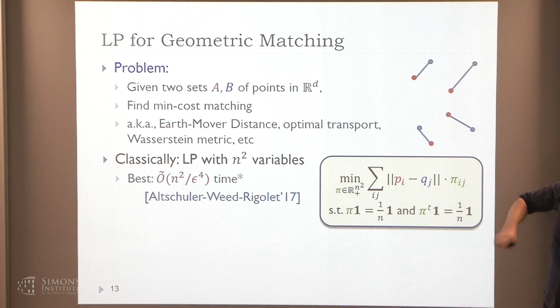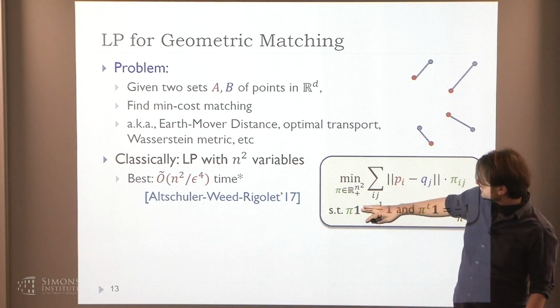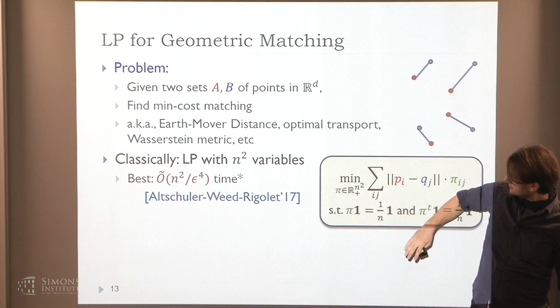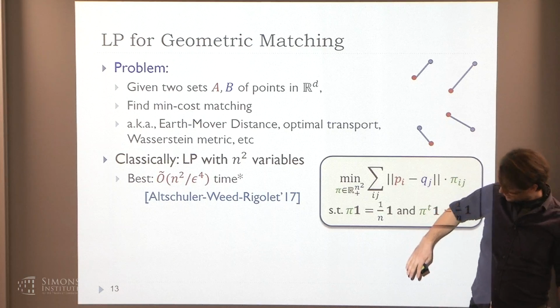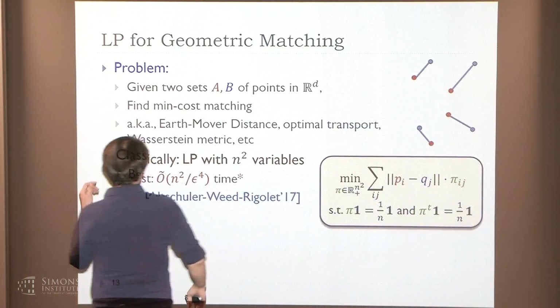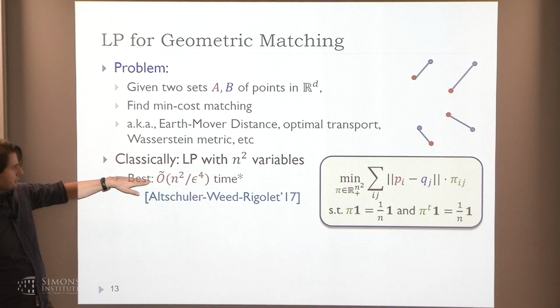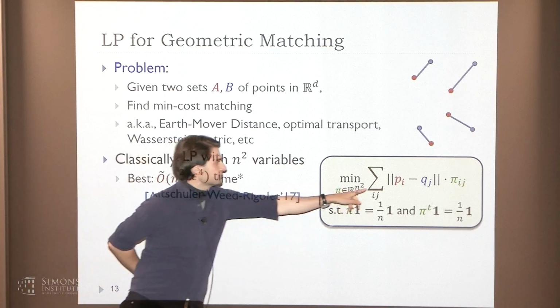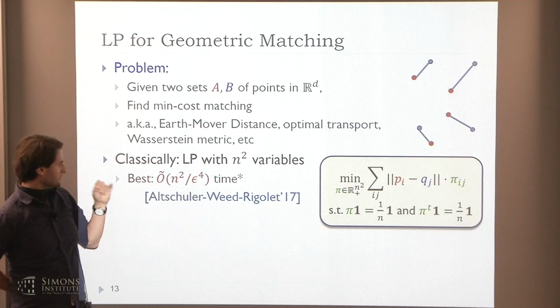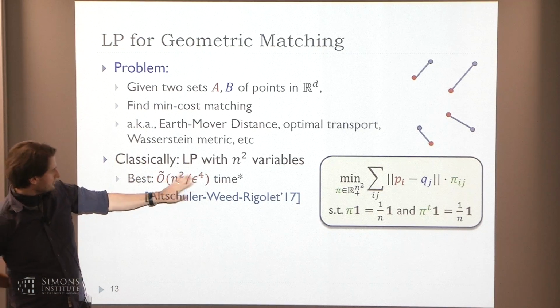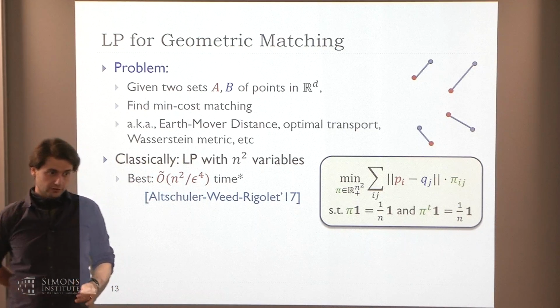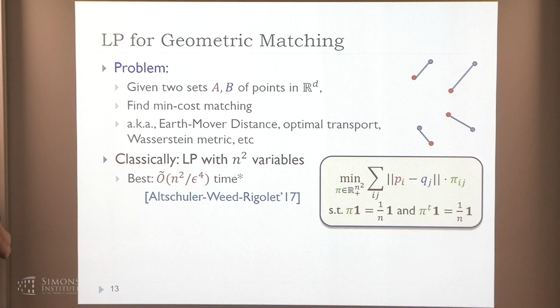Actually, there is an upcoming paper by Altschuler, Weed, and Rigollet, upcoming in NIPS 17, who showed that you can solve this LP for arbitrary cost function in time which is roughly n squared times a polynomial in 1 over epsilon. So this is kind of near linear time. This is as fast as we can hope to solve this LP.